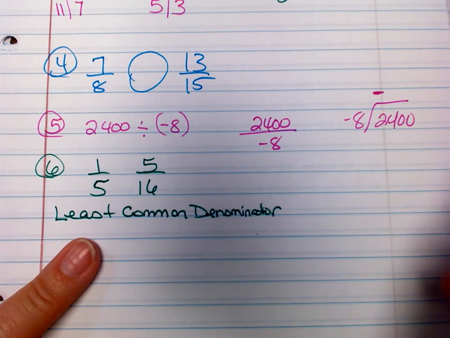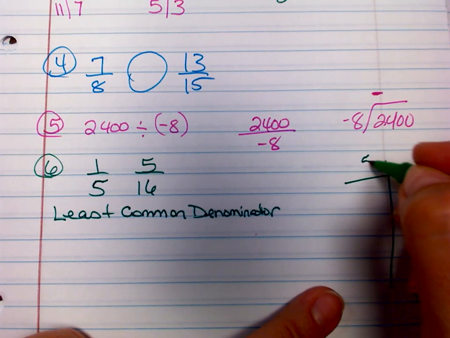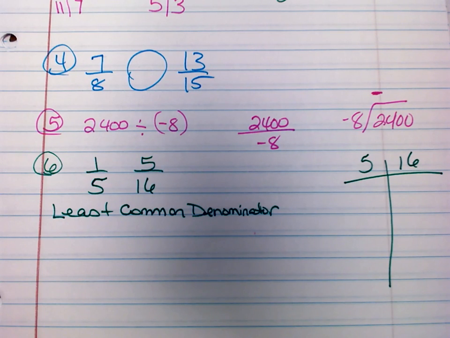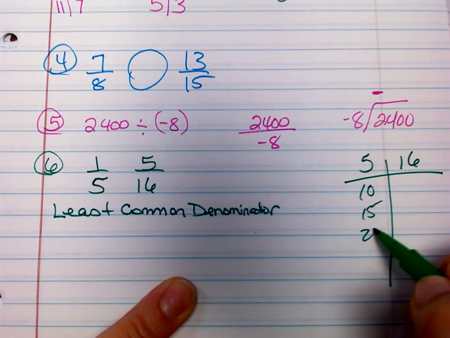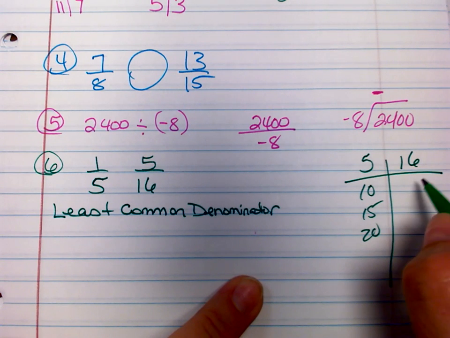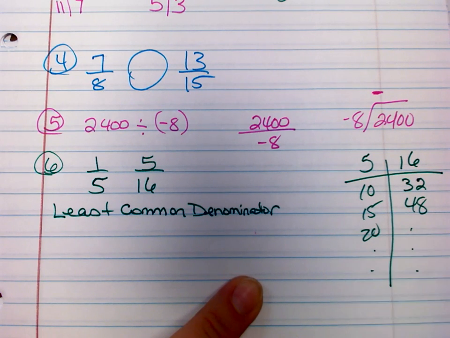Remember I showed you in class how you could make a list of their multiples. 5, 16. And to find the least common one, once you come up with a common one, that would be your least one. We know that 5, 10, 15, 20, and so on. For 16, okay, 16, 32, 48, and so on. Until you find a number that is the same. And that would be your least common denominator.